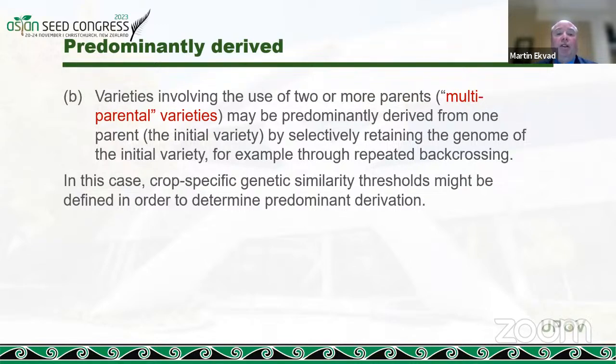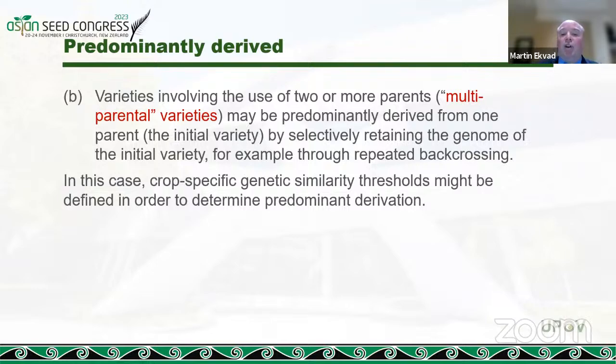Then varieties involving the use of two or more parents, so multi-parental varieties, they may be predominantly derived from one parent, so the initial variety, by selectively retaining the genome of the initial variety, for example, through repeated backcrossing. And here it is not then per se as it was in the previous case. In this case, it's suggested in the explanatory notes that crop-specific genetic similarity thresholds might be defined in order to determine predominant derivation.